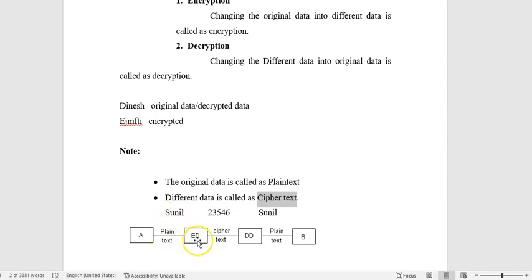ED is nothing but the encryption device. This encryption device changes this Sunil to cipher text, that is 23546, using some algorithm. Next, this is passed to the decryption device, that is DD, where again we get the plain text, Sunil, and it reaches the destination B. So this is how encryption takes place.